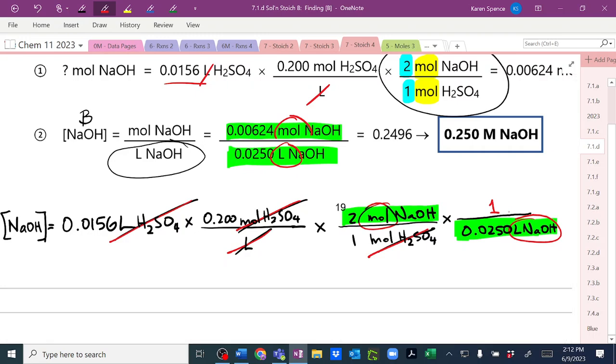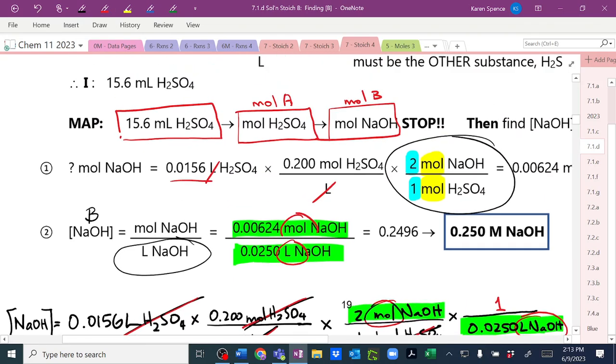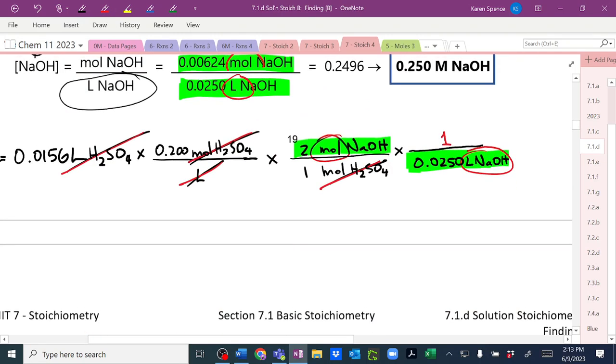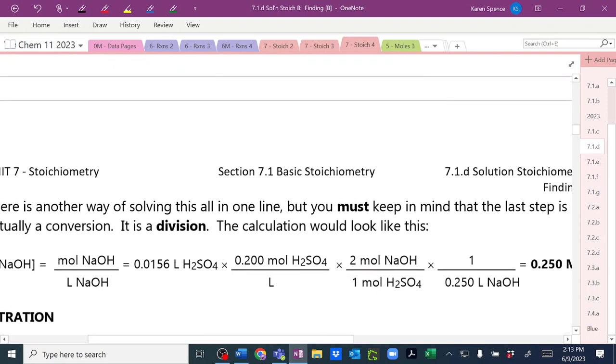If I want to divide by 2, I can multiply by 1/2. If I want to divide by 0.250, I can multiply by 1 over 0.250. And if that confused you, throw that out and go back to finding your moles of B, and then on a separate line, divide by the moles of B and just pretend I never said anything. But if you like that, feel free to use it. Up to you, okay?